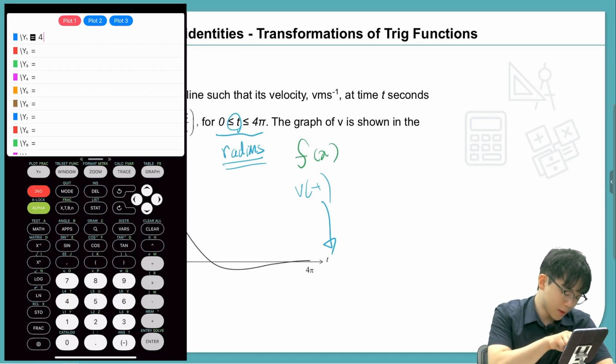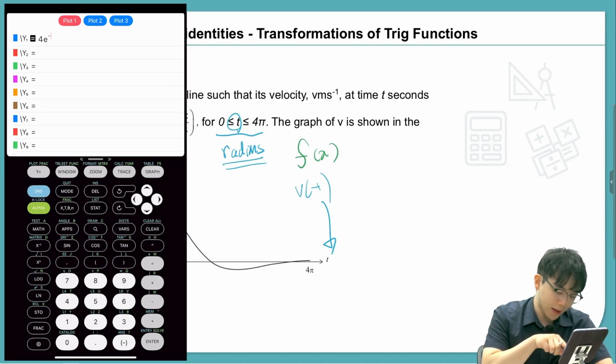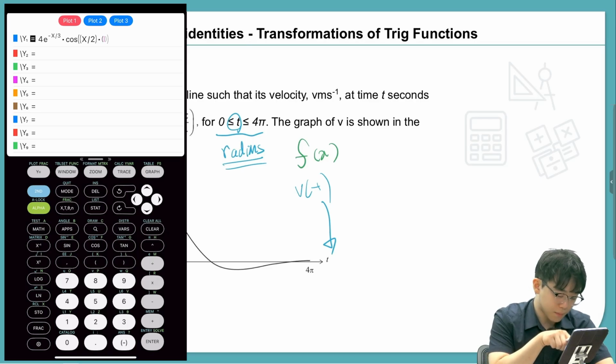So we have 4 e to the power of negative x over 3 times cosine of x over 2 minus pi over 4.